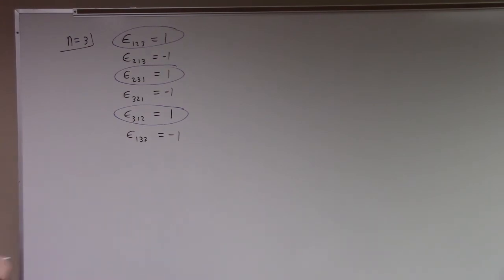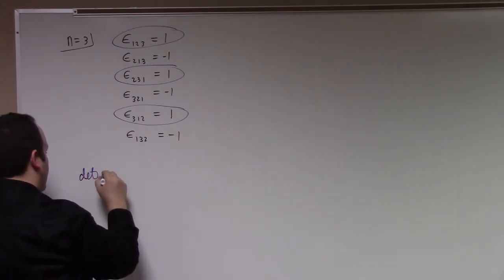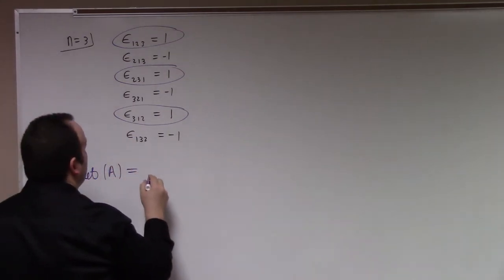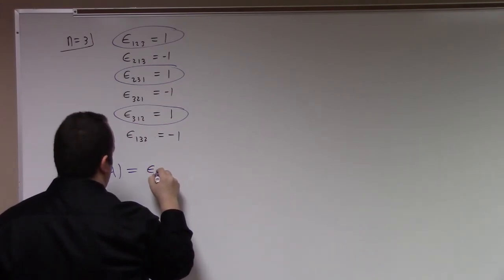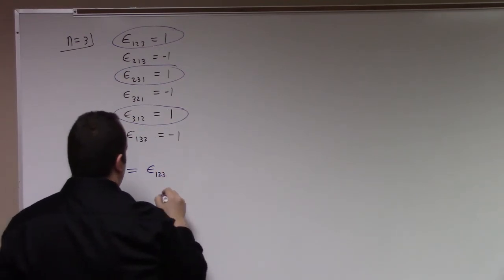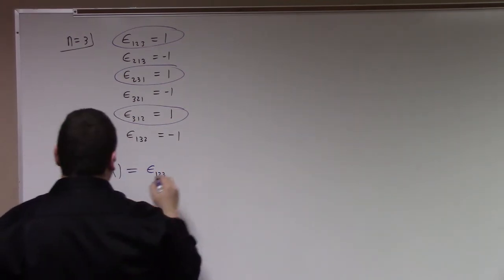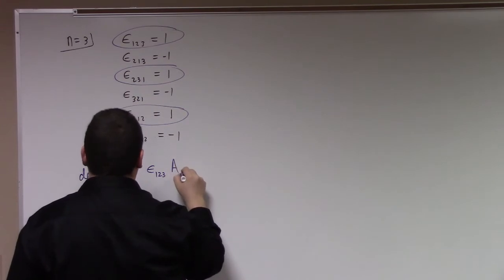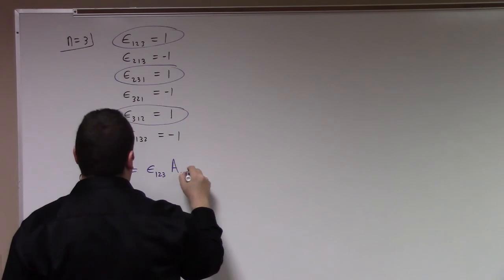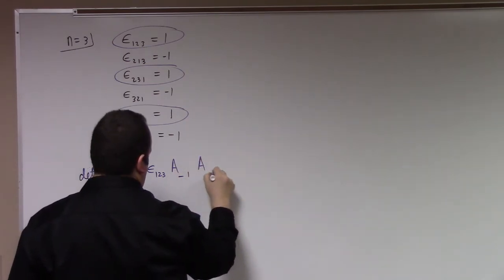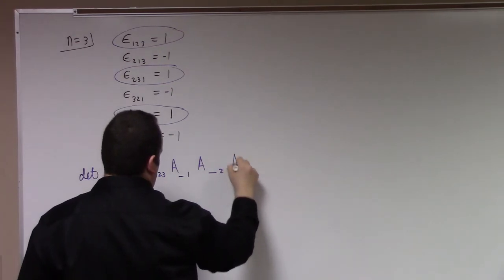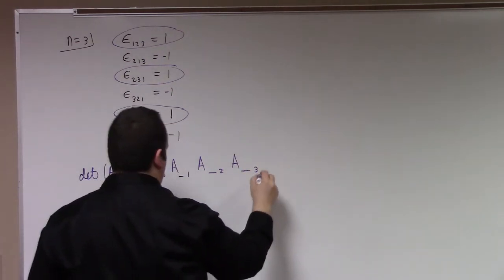And so the determinant of a 3 by 3 matrix is, what is it? It is epsilon 1, 2, 3. Excuse me. Let's see here. So we're always doing, let me fill in the gap: A fill in the gap 1, A fill in the gap 2, A fill in the gap 3.